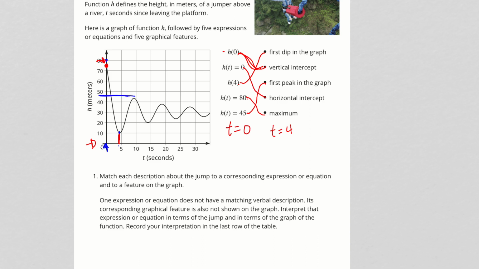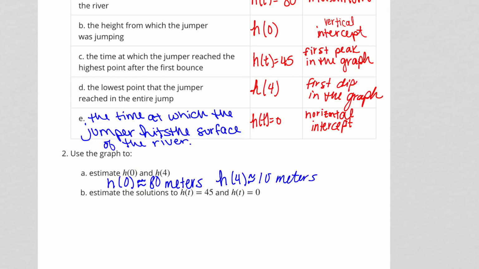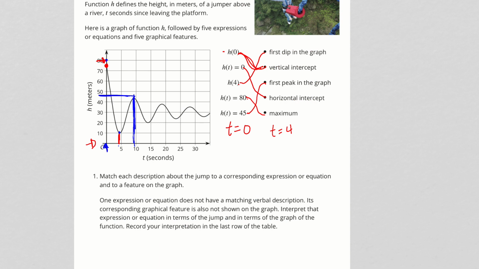So it should be about halfway, and I would assume that they're talking about this point right here, which is at about 9 seconds. Okay, so h of t equals 45 for t equals 9 seconds. I believe that's what we're in on this one, 9 seconds, yep.